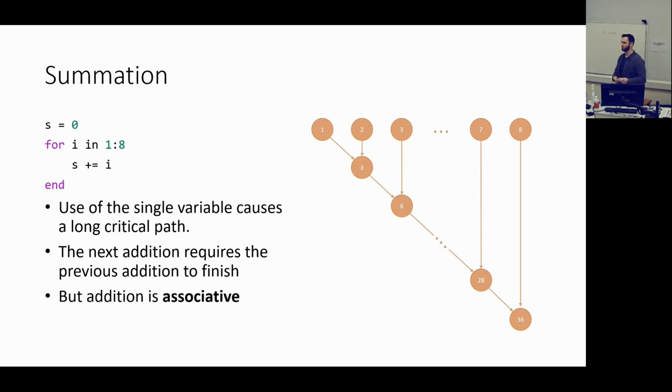As a reminder, associativity means that if you have some operator F that acts on two inputs, A and B, and then you apply it again with another argument C, it's the same as doing A and then F of B and C. It's a bit harder to read with functions, but it essentially means that A plus (B plus C) is the same as doing A plus B first and then adding C afterwards.